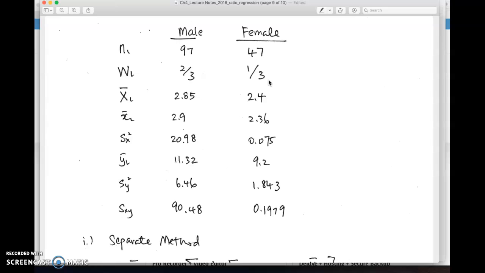In this question we were not given the population size, but we were given the weightings, and the true value of the average body weight is 2.85 for the males, 2.4 for the females, but within our sample that's 2.9 for the male, 2.36 for the female, and SX square for each of the groups were given.